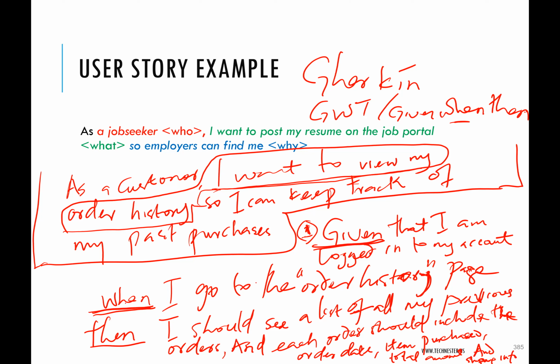Then when we'll say what the person would do, when the person does this action. So when is describing the action the person must take, then is the result, right? When the person performs this action, then this result will happen. Is that clear?